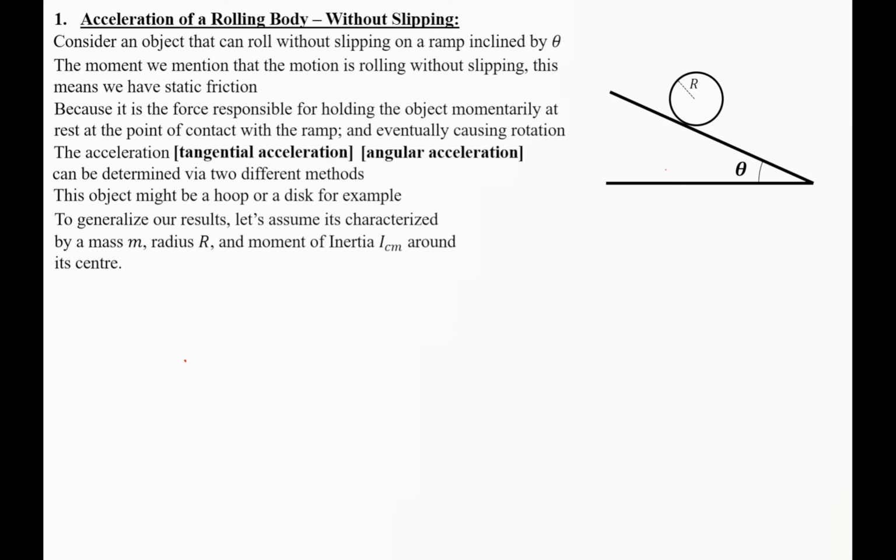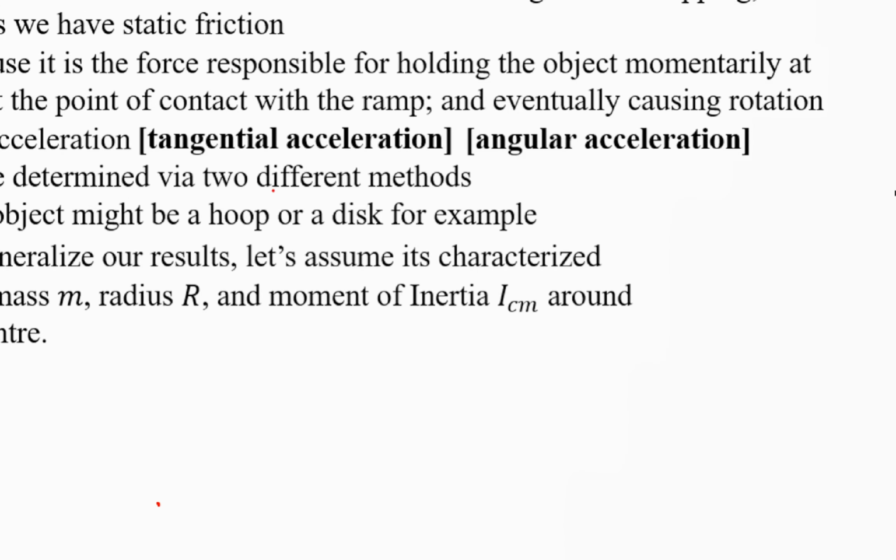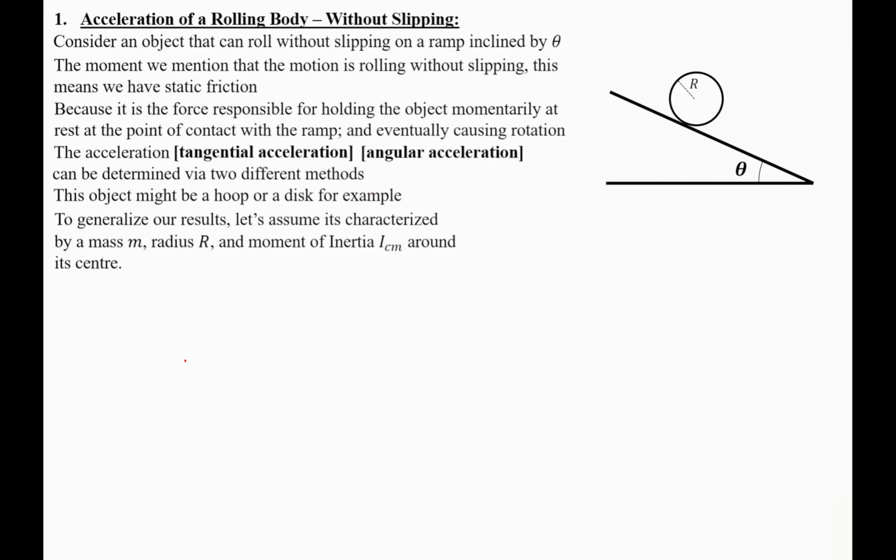To generalize, at the end I will add a third method using the conservation of energy, and I will clarify why conservation of energy can be used although we have friction. Now to generalize our results, let's assume it's characterized by mass m and radius r and moment of inertia I CM around its center.